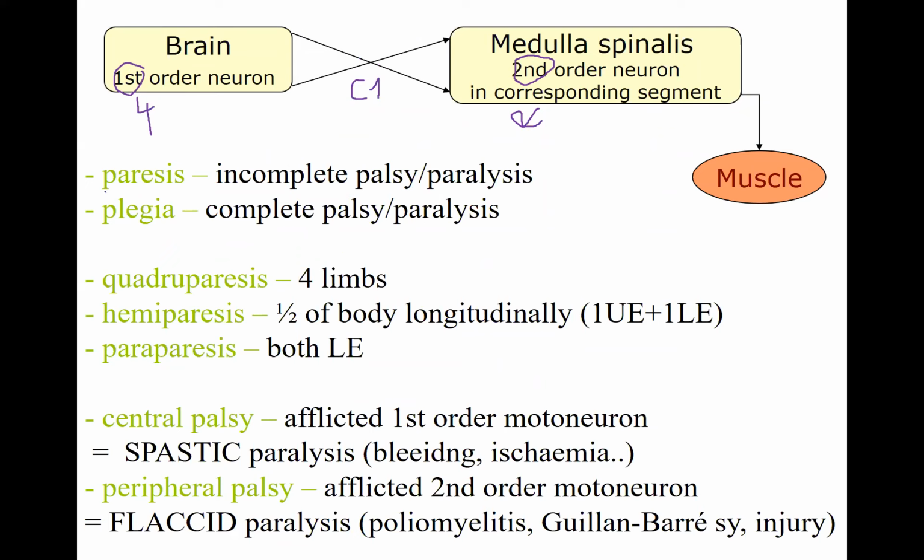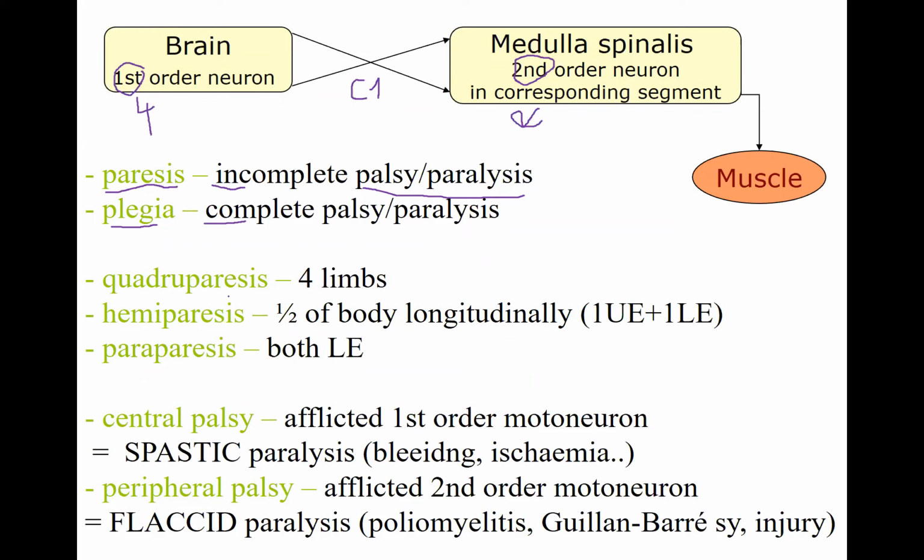So we have the terms paresis and plegia. Paresis is an incomplete paralysis or palsy. Yeah, these are synonyms, palsy or paralysis. Plegia is a complete palsy or paralysis. So you have to differentiate these two. And then we come to the number of the limbs.